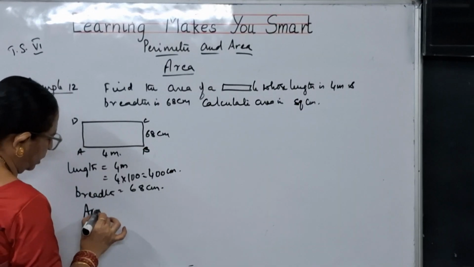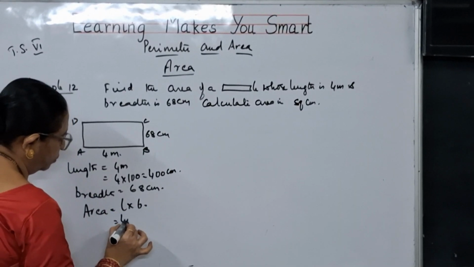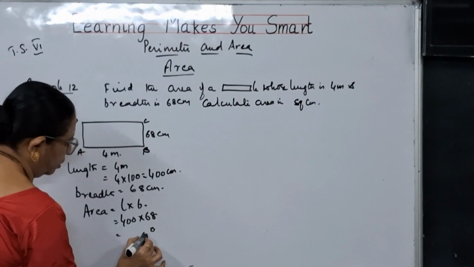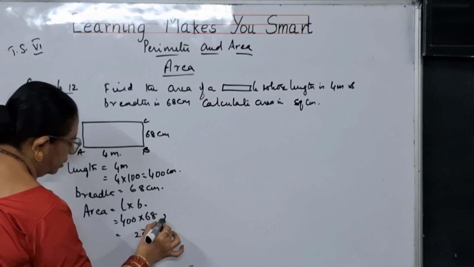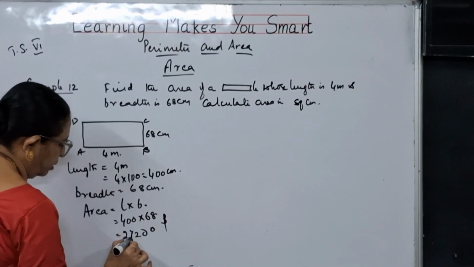So what is area? Area is L into B, that is equal to 400 into 68. 0, 0, 4 8s are 32, 4 6s are 24, and this is 27.